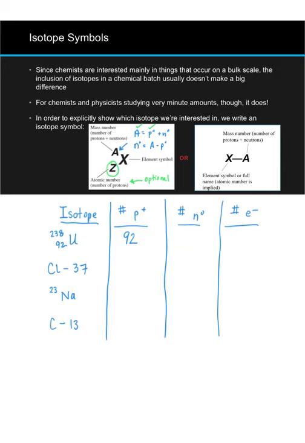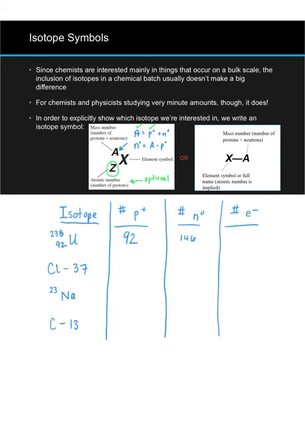In other words, our mass number, the superscript on the left, minus our number of protons, gives us our count of neutrons. 238 minus 92 is 146.